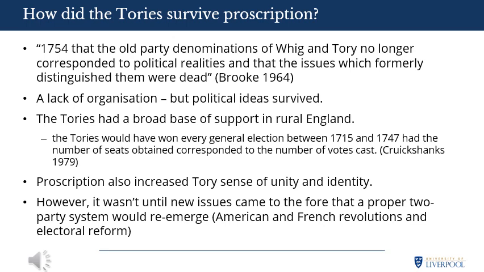Cruikshanks finds that the Tories would have won every single general election between 1715 and 1747, so for the bulk of the proscription, had the number of seats corresponded to the number of votes cast. So, the electoral system here did not translate votes into seats in any kind of fair or effective way for the Tories, but they could maintain that base of support.